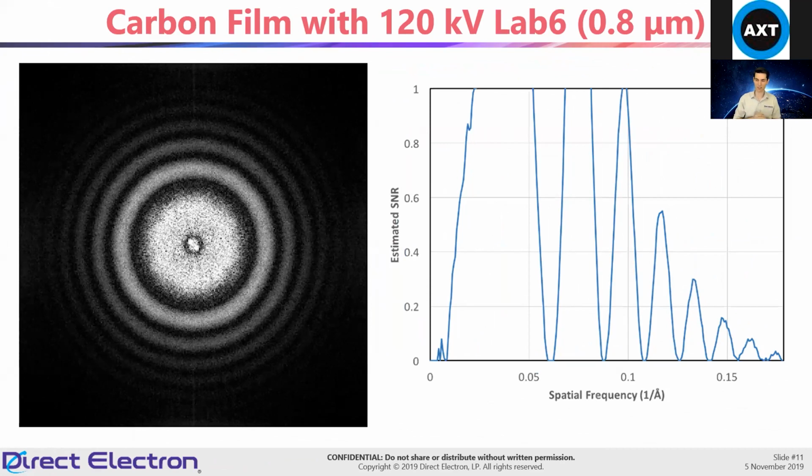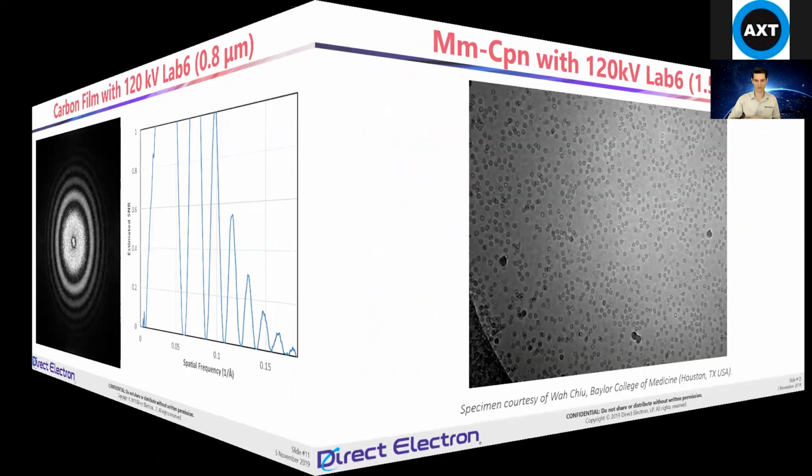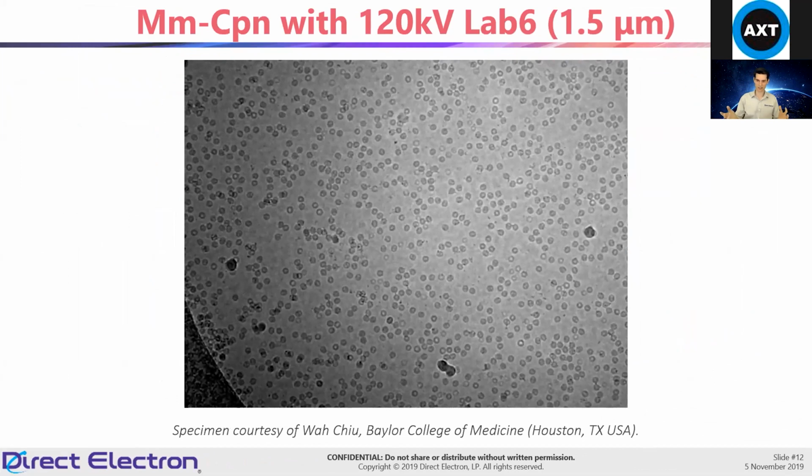And so what our head of research and development, Benjamin Mamas, did is he sat down at a 2100 Lab 6 that had been set to 120 kV. He collected about an hour's worth of data on this MMCPN, which is basically a small spherical structure, basically a little cage.